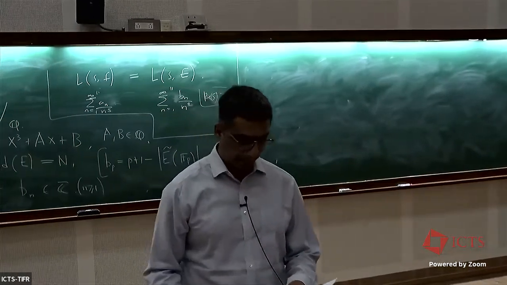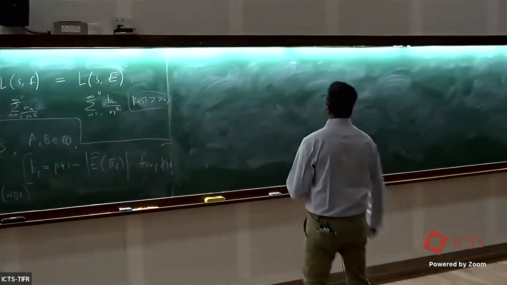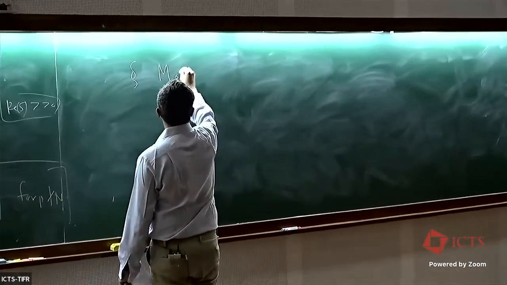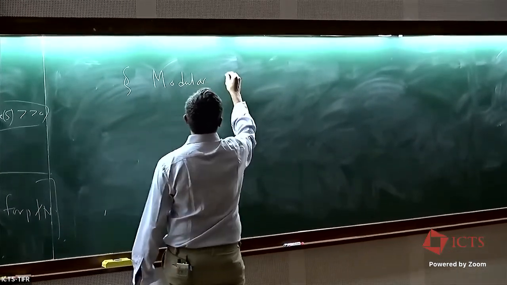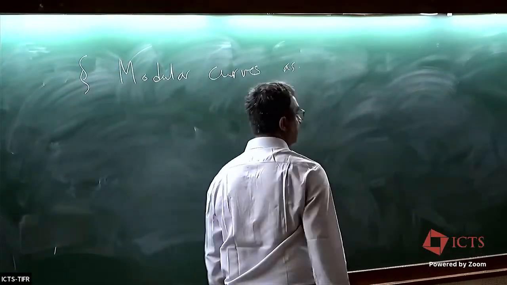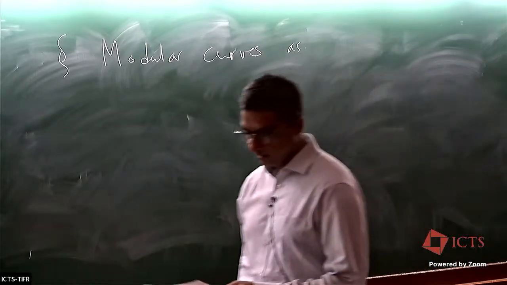Read about it. Okay, so now we're moving a little bit towards the rational points on modular curves, but I'm still going to work over the complex numbers today, and actually in the next 2 or 3 lectures even. And at the end, maybe over more general bases.